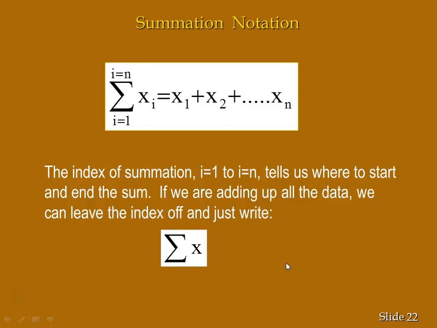In almost all cases in this course, we're going to be adding up all of the data, all n observations, in which case I don't have to bother putting the index of summation on here. I can just write summation x, and it's understood that you're going to add up all values of x.